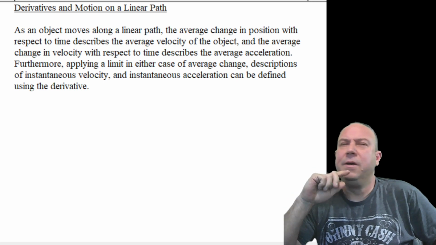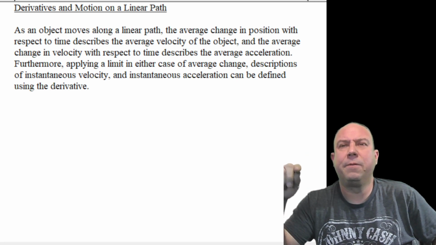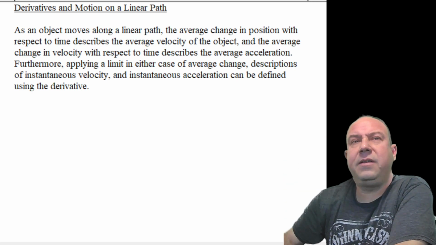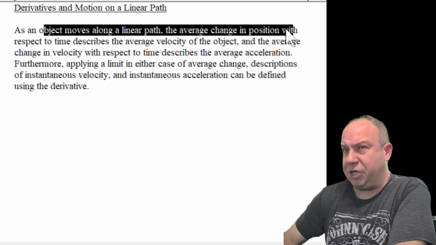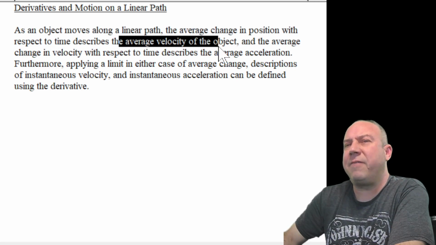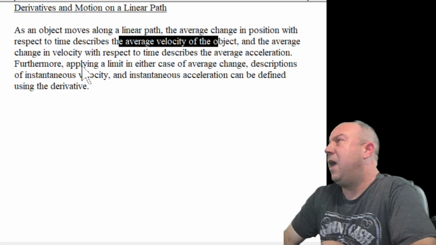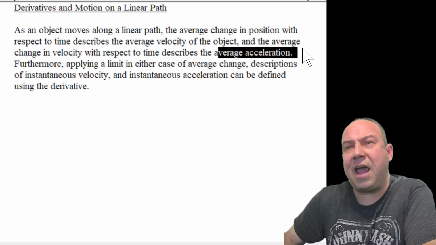All right. So we're only going to be looking at moving along a line particularly, right? And here we begin with saying as an object moves along a linear path, the average change in position with respect to time becomes known as an average velocity for the object, and the average change in velocity with respect to time becomes known as average acceleration.